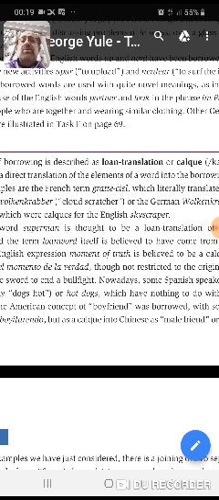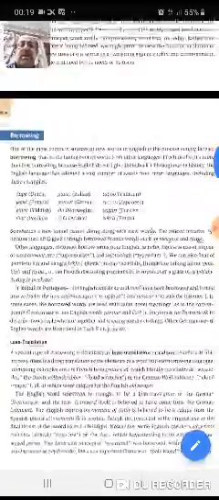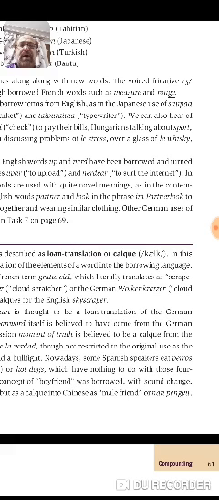I don't know the Arabic word for it, so if you know, just let me know the examples from your own language. So if you know this word in Arabic and you know that it's a kind of loan translation, just come to our group and say that this word in Arabic is a loan translation.